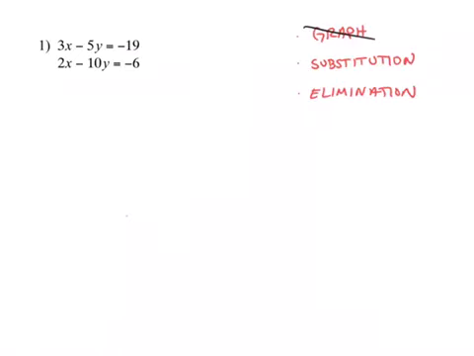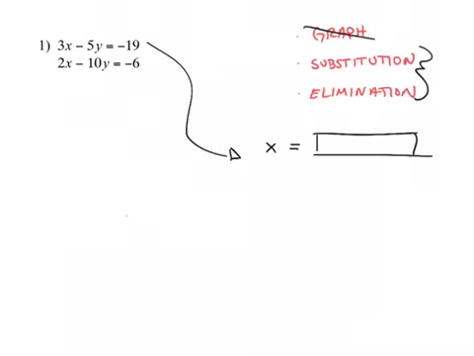What's important to remember about substitution and elimination is these are both methods to basically turn our pair of equations into a one-variable equation that we can solve. Okay? So I'm going to check substitution first and see how accessible that is to me. The way substitution works is we try to rearrange or solve one of the equations for one or the other of the variables.